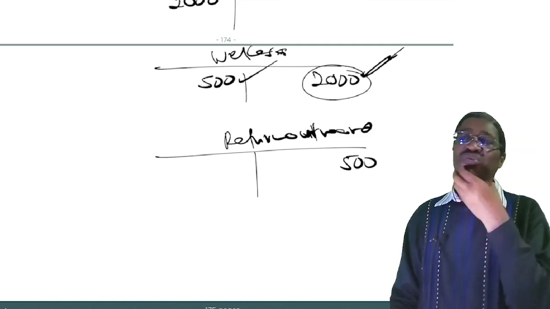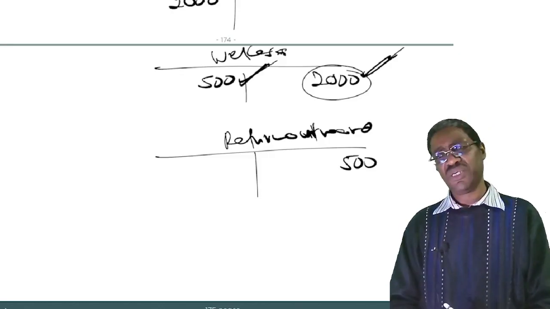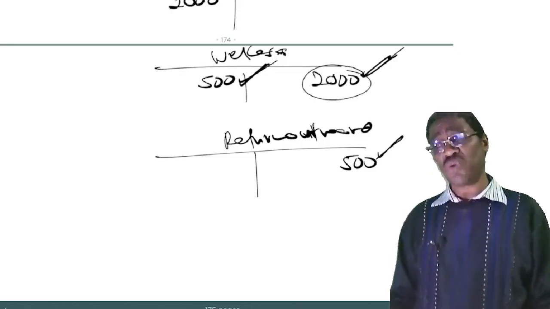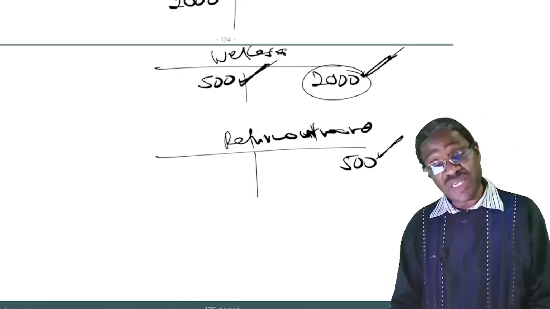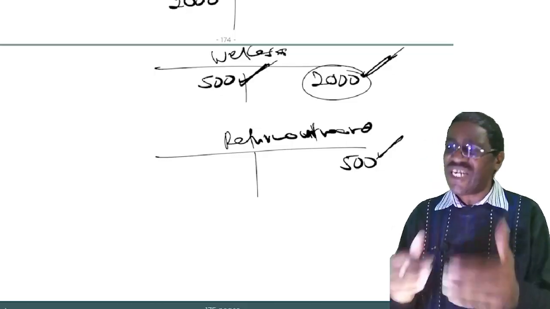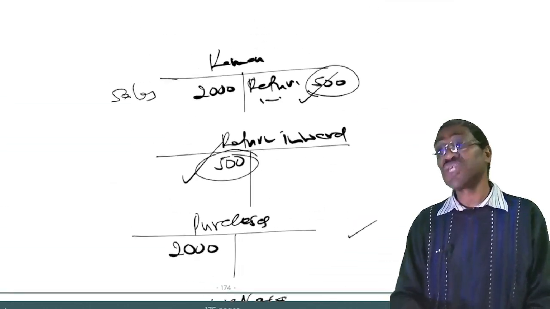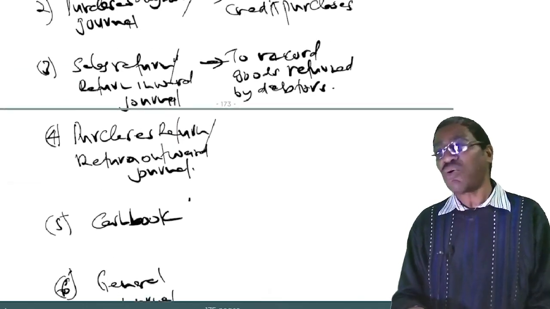Okay? So before you come and reduce your creditor called Wekesa here, and before you credit this account we are calling return outwards, or the account we are calling purchases returns, before you record it in this account, you must record it in a daybook. And that daybook is what we are calling purchases return daybook, or return outwards daybook.